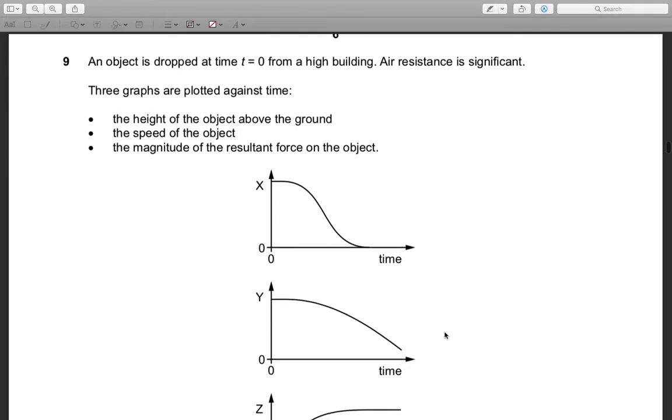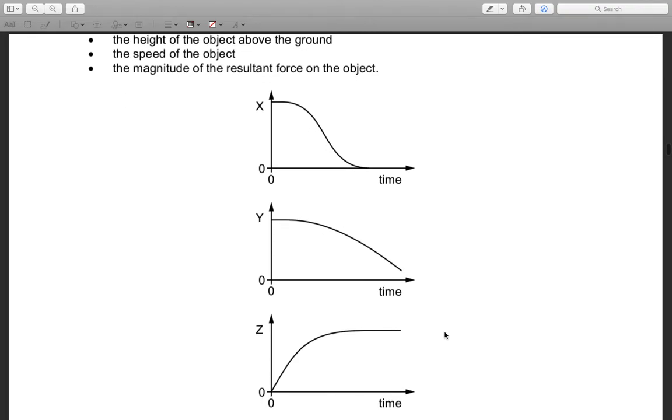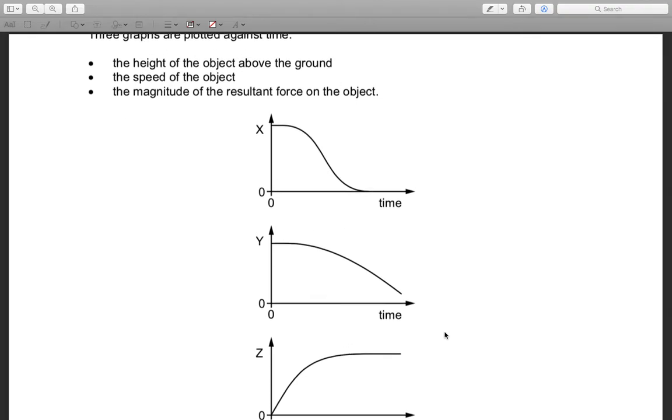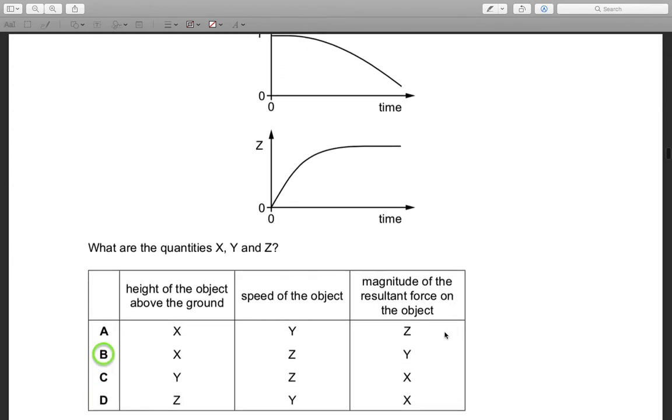Next question. An object is dropped at time 0 from a high building, and air resistance is significant. Three graphs are plotted against time. Which graph is the height of the object above the ground, the speed of the object, and the magnitude of the resultant force on the object: X, Y, or Z?